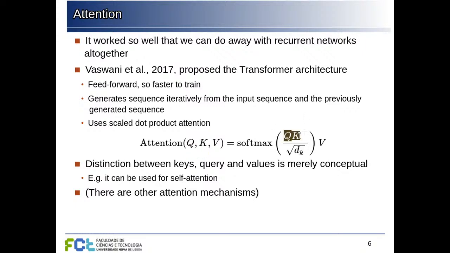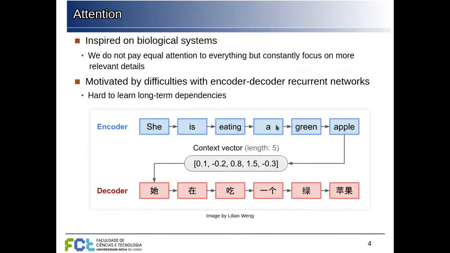which is actually the dot product, so this would give you a matrix. This tells you the alignment, so to speak, or the correspondence between what is called the query and the keys. The keys would be, for example, the input here, the words.